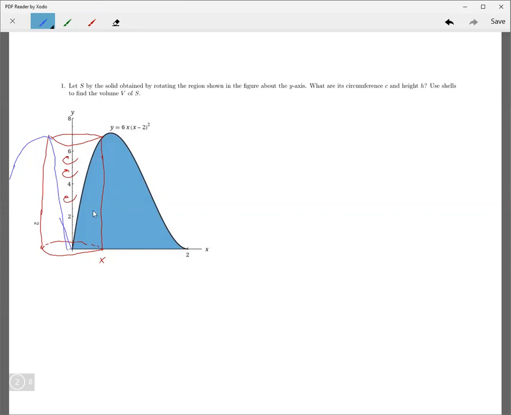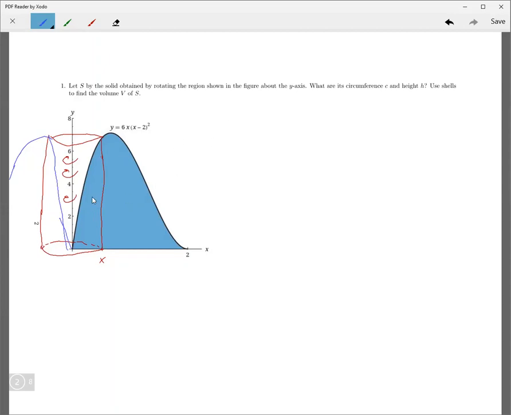Okay. So essentially, one other point that I wanted to make is that this is an alternative to doing the washers. So if you set up the washer integral and it's really hard, then you can try setting this integral up instead.